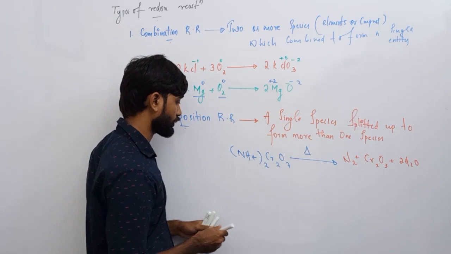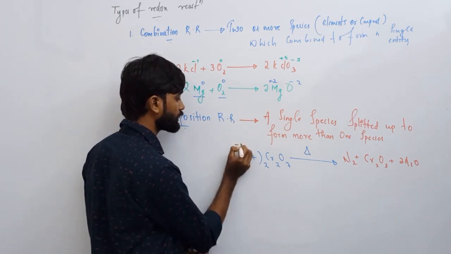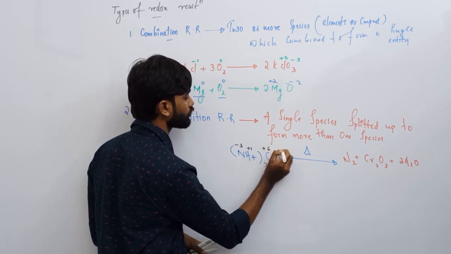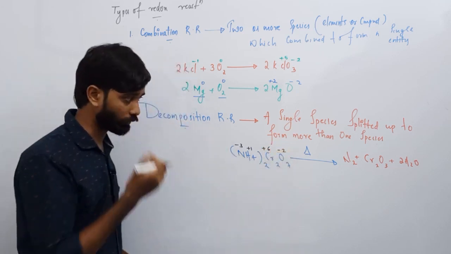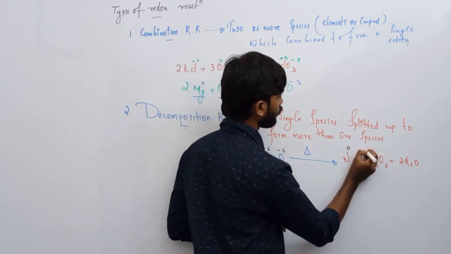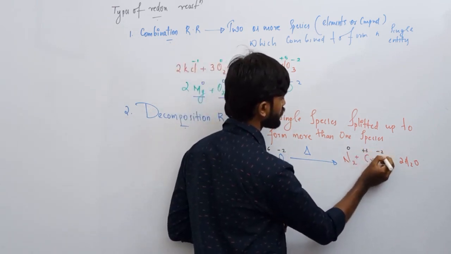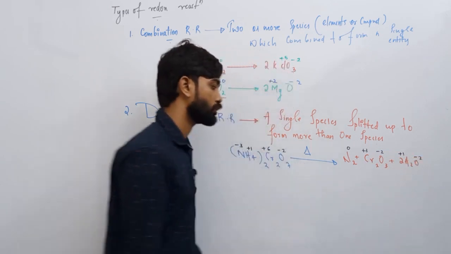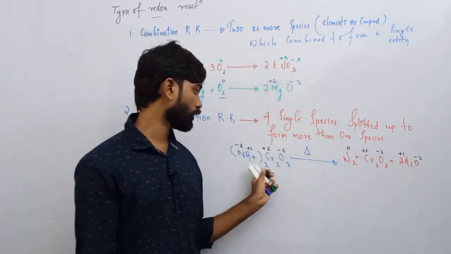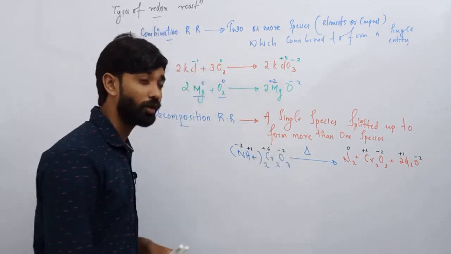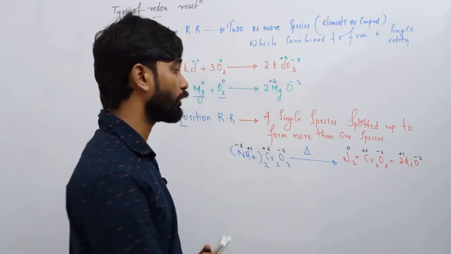Nitrogen is in -3, hydrogen is in +1, chromium is in +6, oxygen is in -2. You know how to calculate it. Now nitrogen turns to 0, chromium turns to +3, hydrogen stays +1 and oxygen -2. So there is no change for hydrogen and oxygen.